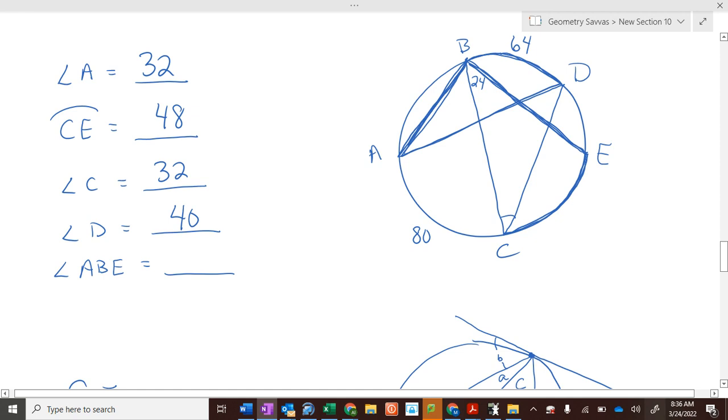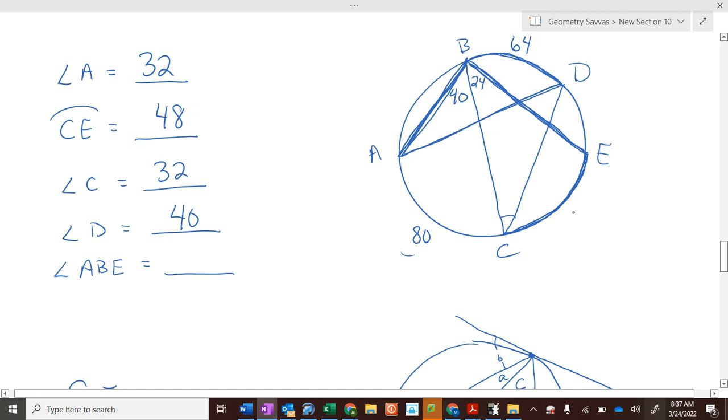No, 90. It looks kind of 90-ish, but it's not 90. 64? I'll go with 64. It is 64. If this is 80, this angle's 40, right? And you add these two up to make 64.